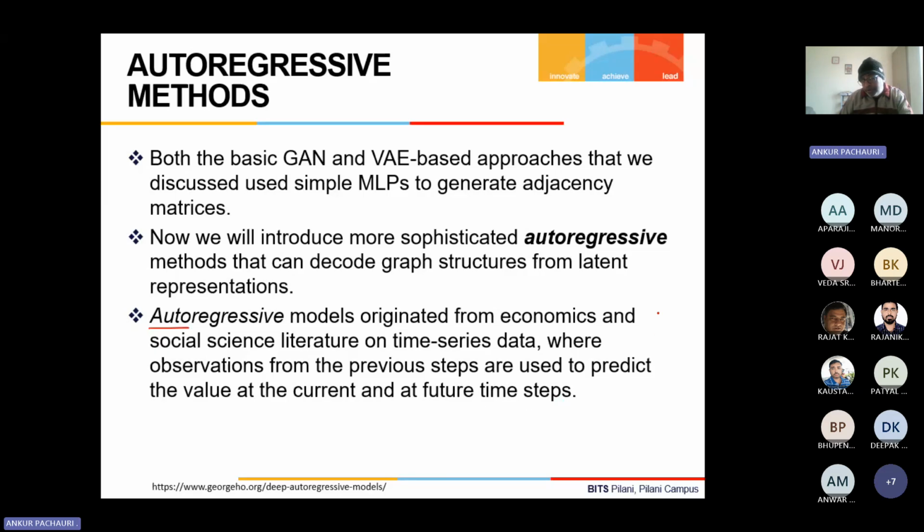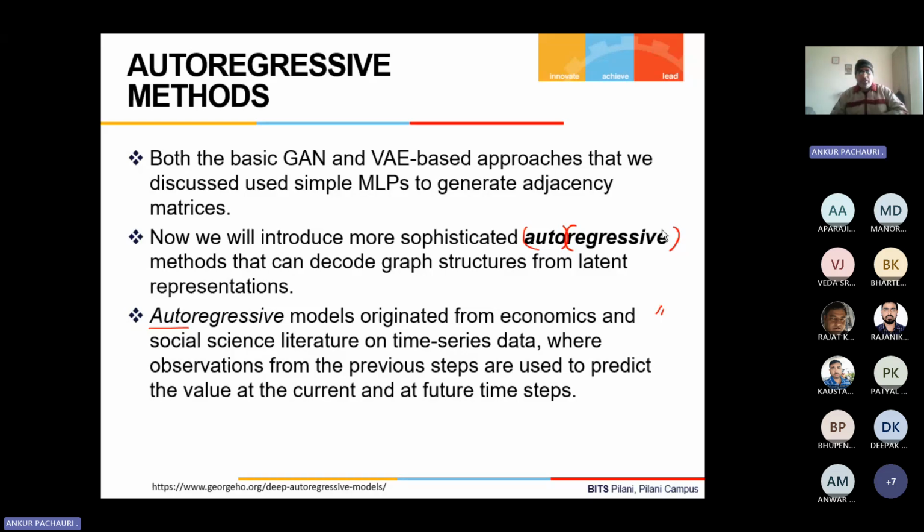Now, if you remember, where have you encountered this word autoregressive? In time series forecasting. But what is regressive? Basically, it can be broken into two parts. Auto means self, and the second part is regression.